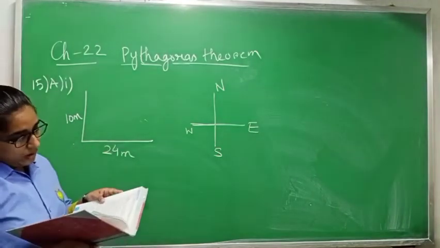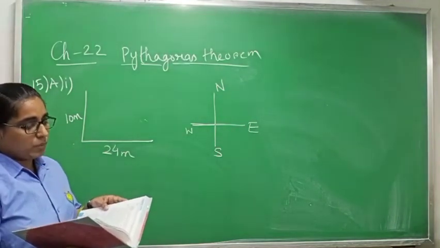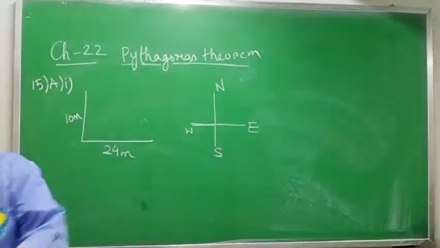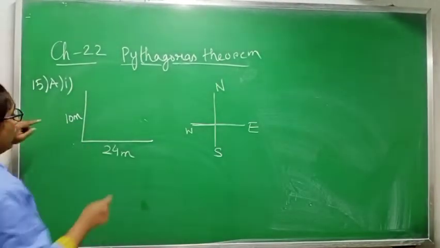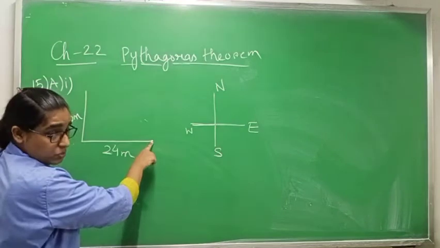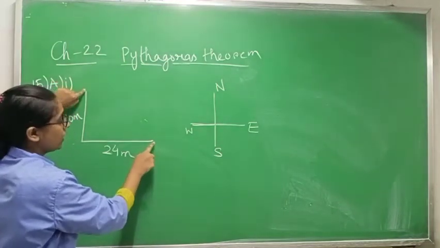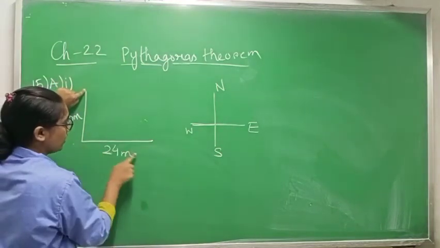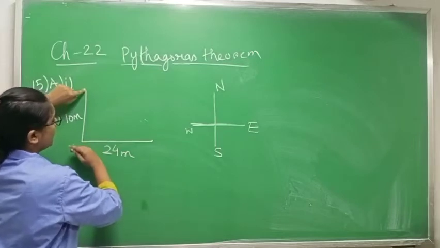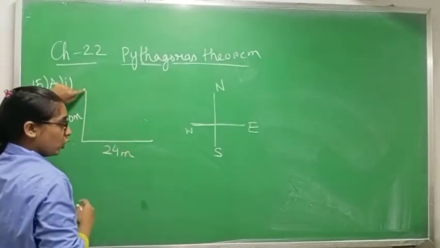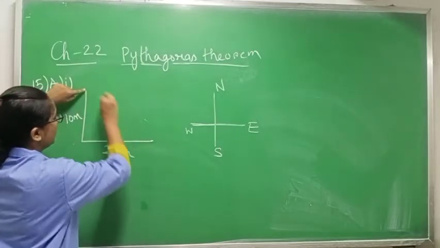The distance of the person from a starting point is the distance starting from this point and ending in this point. First he is going 24 meter west, then he is going 10 meter north. He is starting from here and ending here.